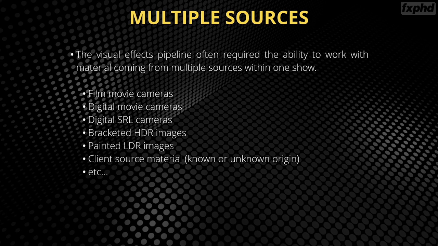Are we using bracketed high dynamic range images? Are we painting high dynamic range images or low dynamic range images? And are we getting information from our clients, source material that they're giving us that we may or may not know the origin of? So there's many different sources of information coming into our pipeline that we need to manage and understand what they are so that we can use them to the best of our ability.